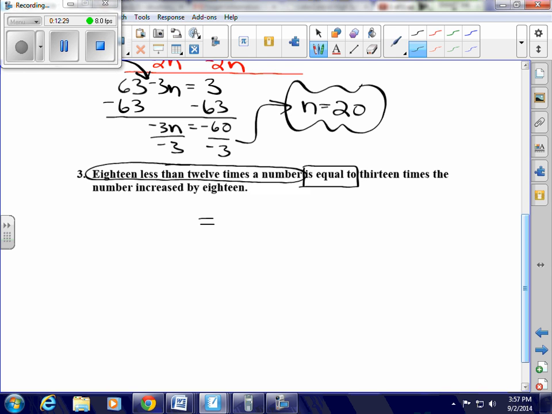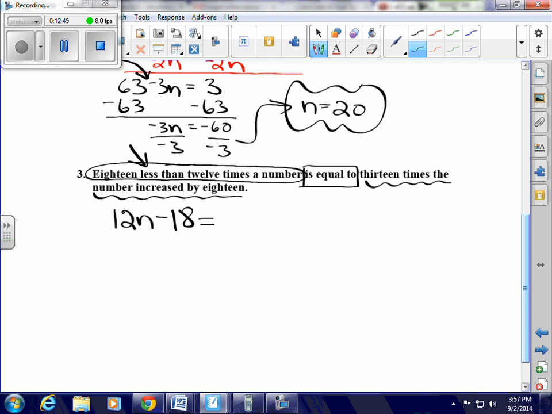Well, 12 times a number is obviously 12n. 18 less than that. Now remember, with less than, we switch the order. So the 18 is what's being subtracted. So 12n minus 18.